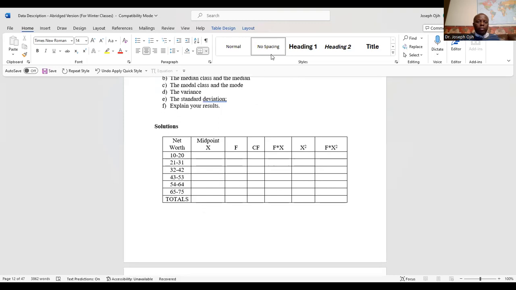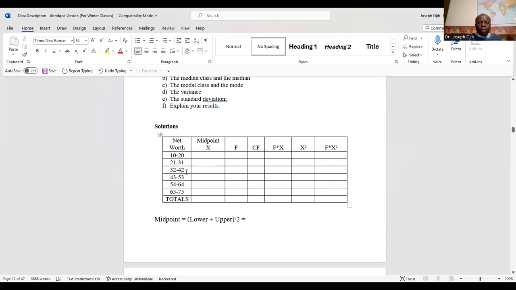I explained when we were doing data presentation that the midpoint equals lower class interval plus upper class interval, divided by 2.